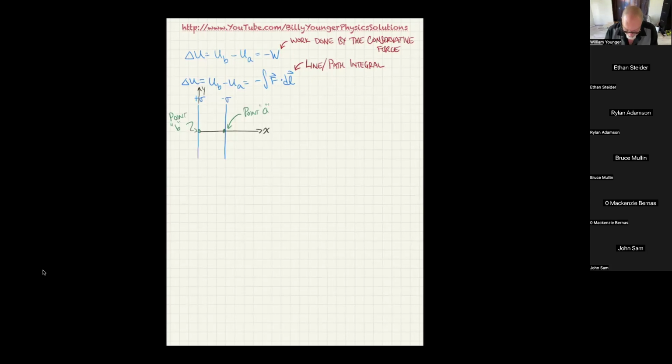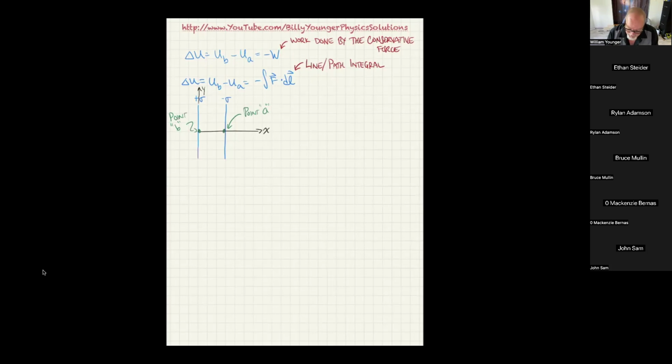So for instance, here I said I'm going to go from A to B, because that's clearly what this integral is suggesting, because delta U is U_B minus U_A. That means I'm going from A as my initial position and B as my final position. So I'm actually going from A to B here, and that means I'm going in the negative x direction.